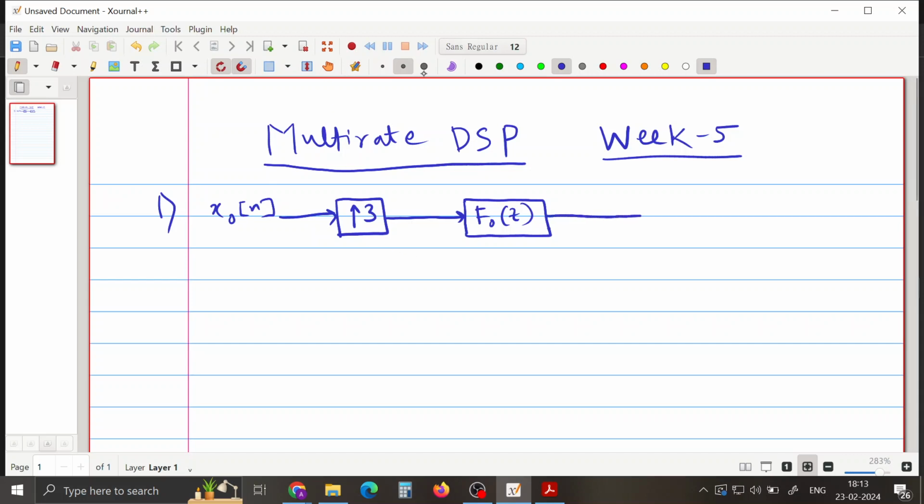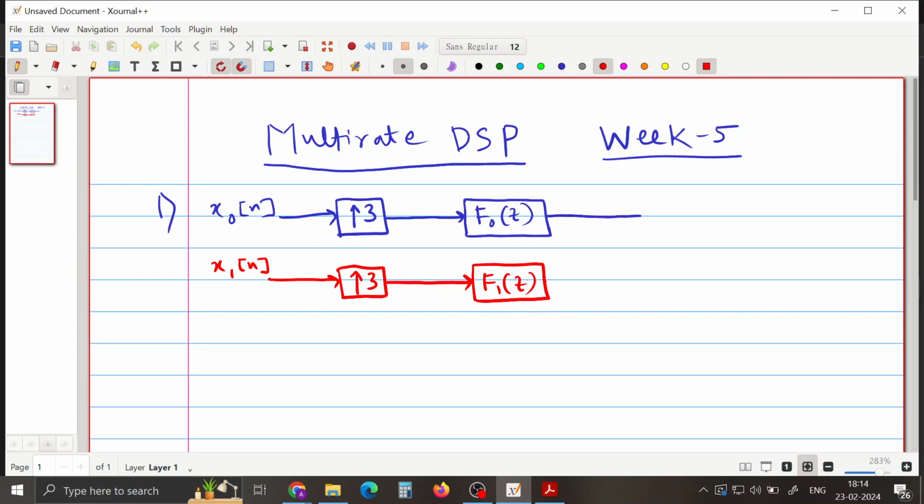Then there's another branch. Let me use a different color for the other branch. We have another sequence x1 of n, which also goes through similar blocks, an upsampler followed by a filter f1 of z.